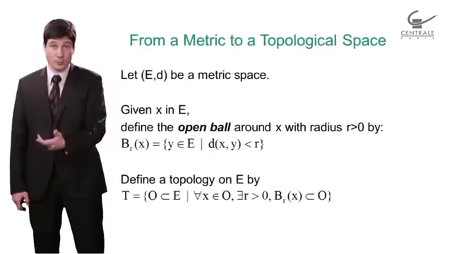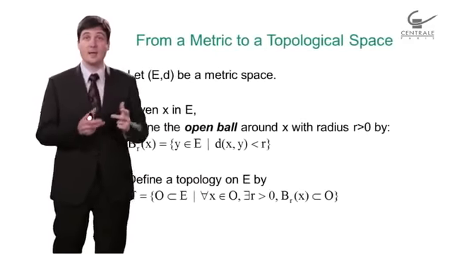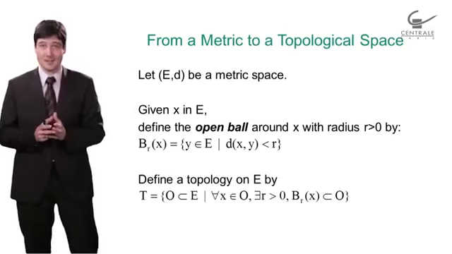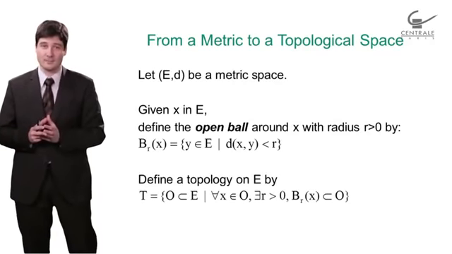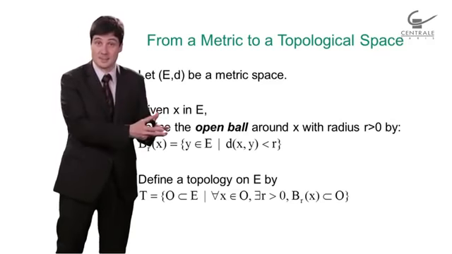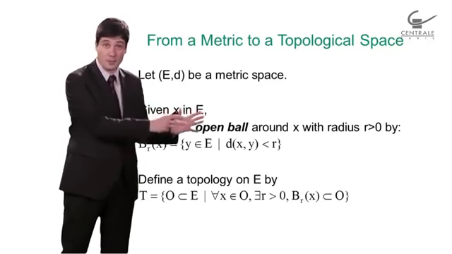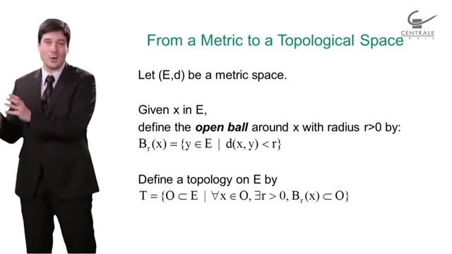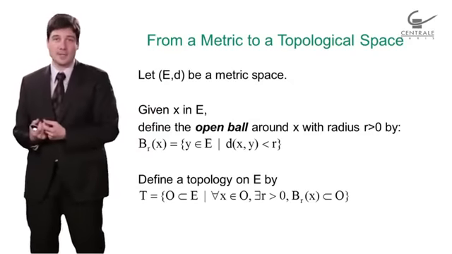Now that we have open balls, we can define a topology based on these open balls. Let us define the topology this way. I can define a topology based on the open sets. Remember, a topology is the set of the open sets. So let me define these open sets.